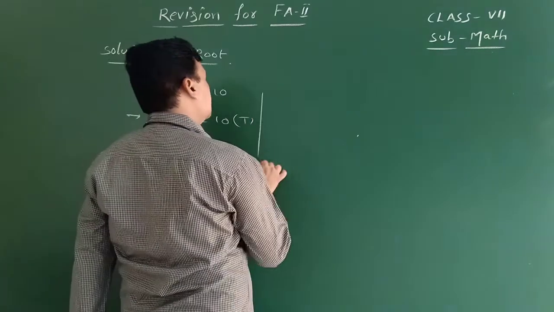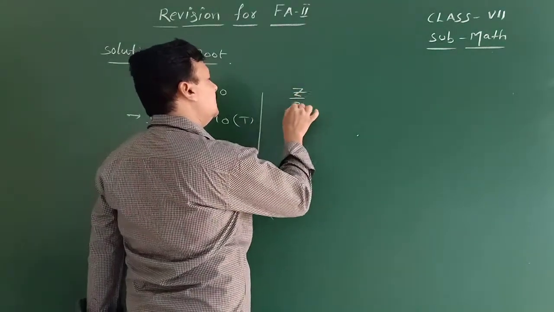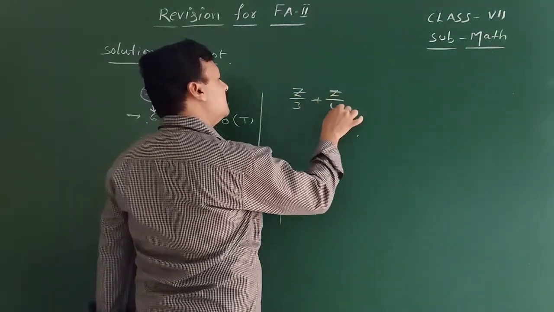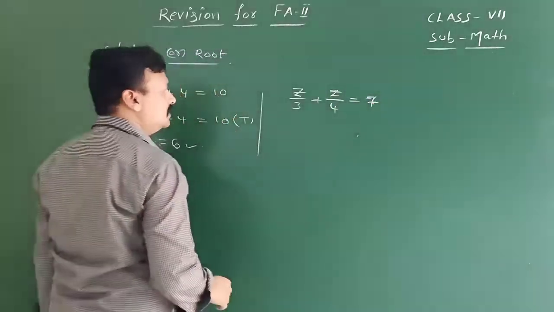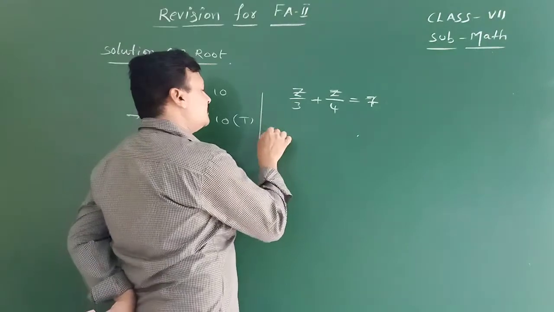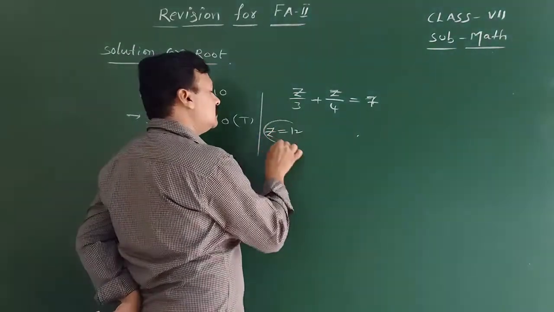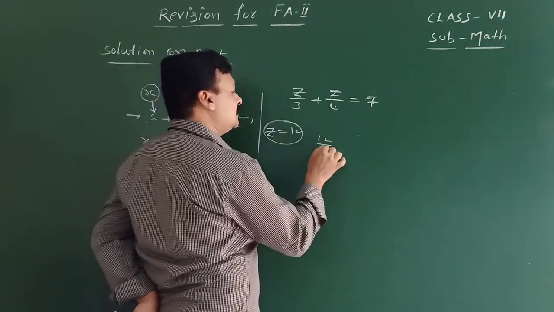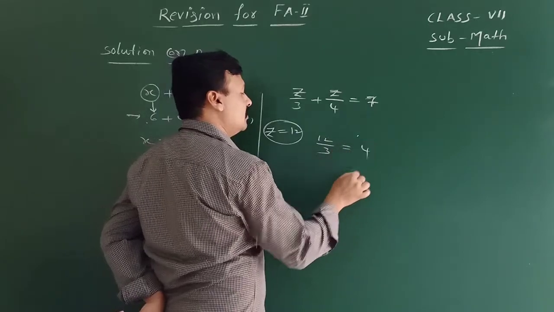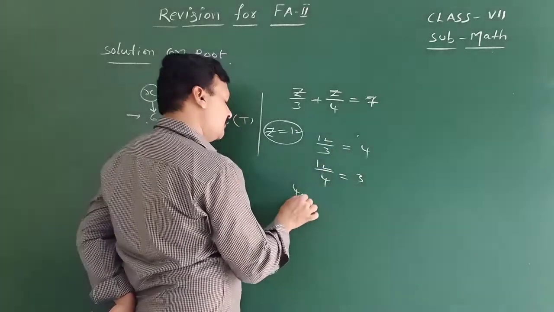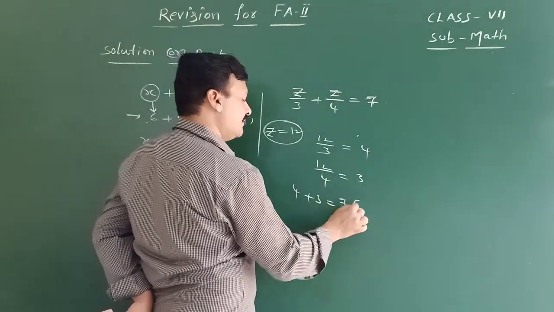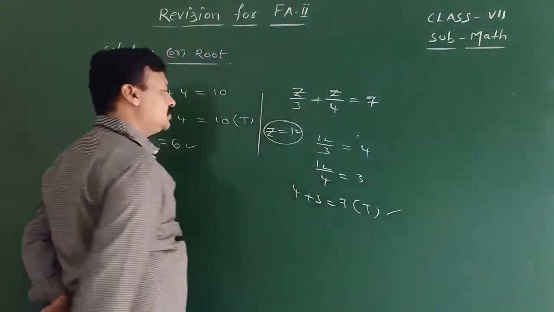Here z/3 + z/4 = 7. Instead of z substitute 12. Here 12/3 = 4 and 12/4 = 3, meaning 4 + 3 = 7. It becomes true.